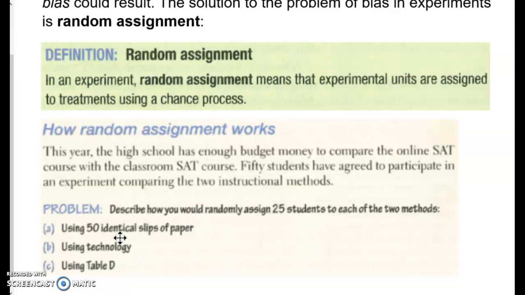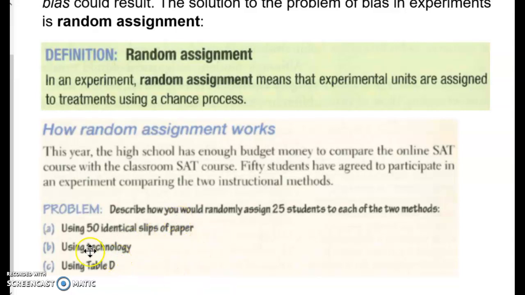The other way we could do it is we could write their names on 50 slips of paper and then pull out the first 25 are in this group and the other 25 are in another group. Or we could alternate. You pull out one, they go in the first group. You pull out the second one, they go in the second group. So you can choose to do either way. It doesn't matter whether you choose one at a time for each group or you choose all the 25 and the other 25 go into the other group. That is how you would do it by identical slips of paper.